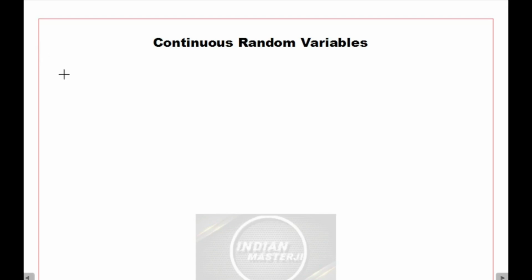So let's begin with today's video. Suppose I say that I have a fair cubical die, and I roll it once and try to find out the score on the upper face of the die.